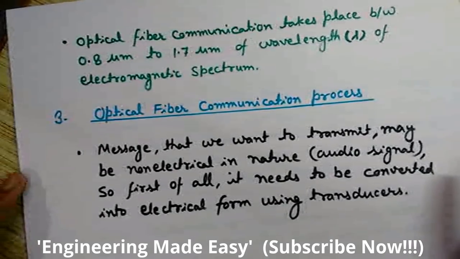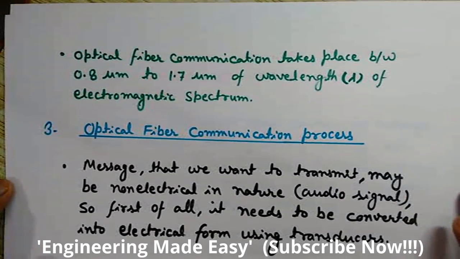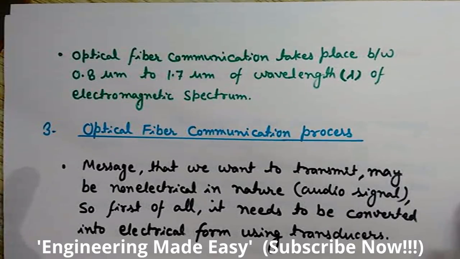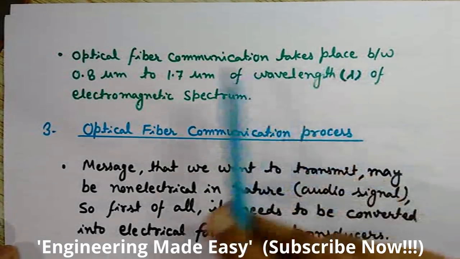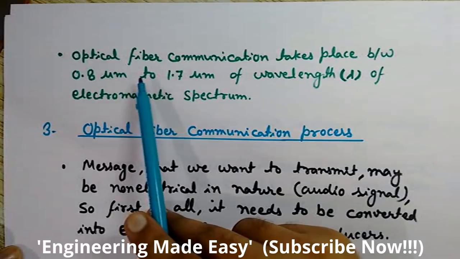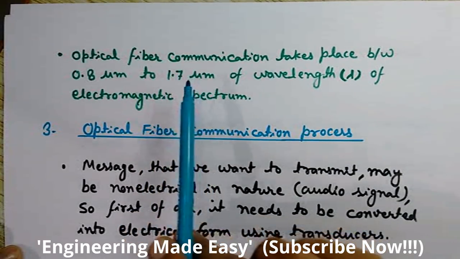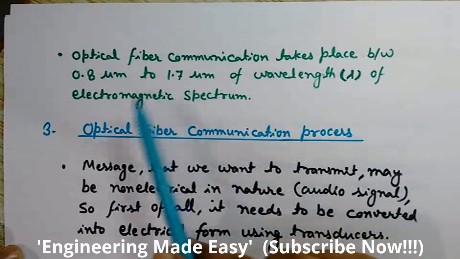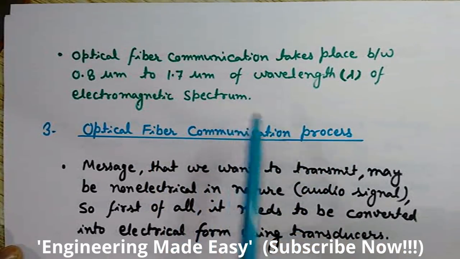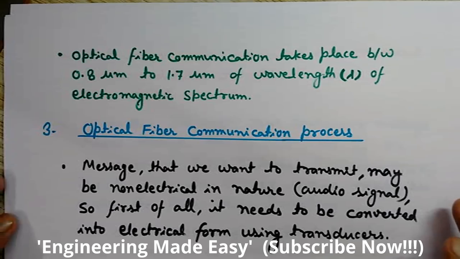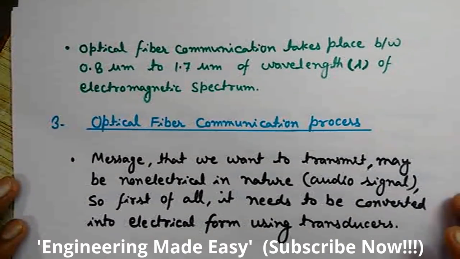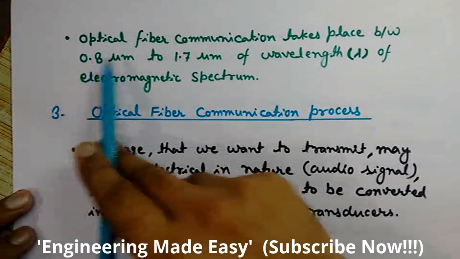Now let's see a few more points. Optical fiber communication takes place between 0.8 micrometer to 1.7 micrometer. Keep this range in mind, the wavelength range of the electromagnetic spectrum. In the electromagnetic spectrum, this optical communication takes place in this wavelength range.